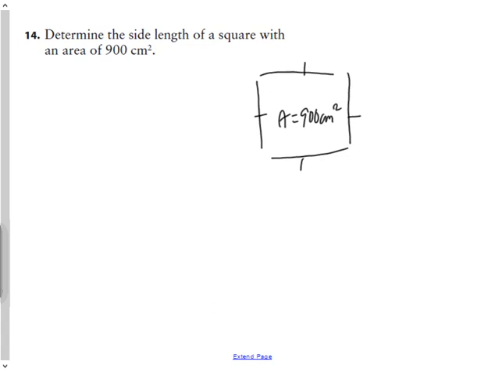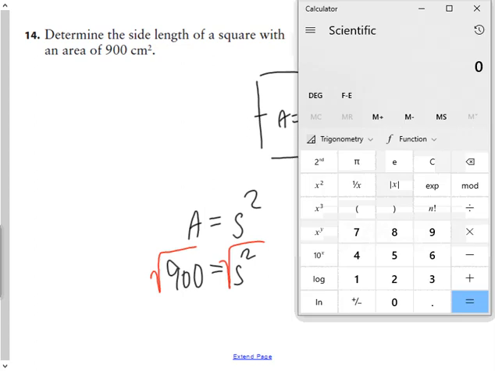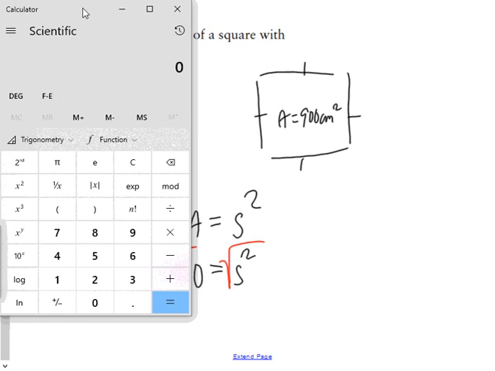Now the problem is, that's a little hard, right? So by inspection, it's not easy, but if I take area equals side squared and substitute what I know, then just like the last question, if I square root both sides, I can use my calculator to find the square root of 900.